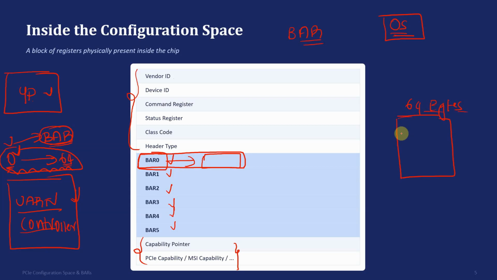The UART controller should describe to the OS exactly how much space it needs, whether it needs 32 bytes or 64 bytes. That is also decided by the BAR.